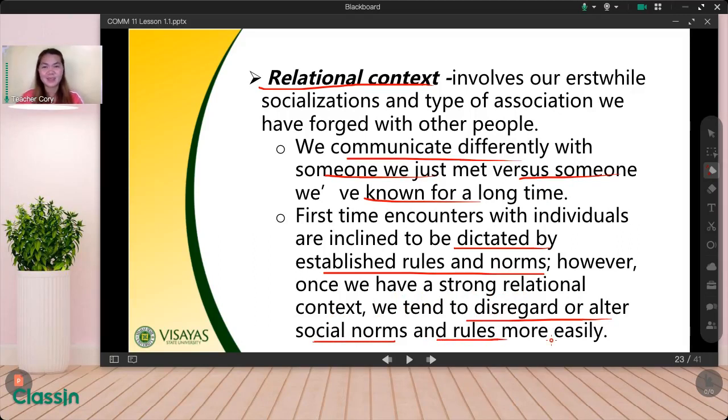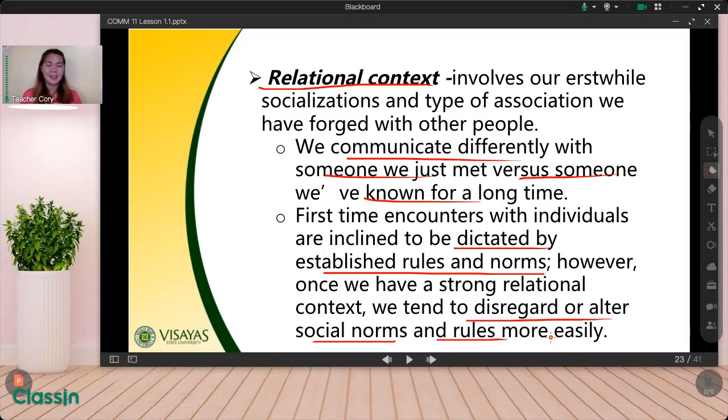So that's also like making exemptions. There are people who are exempted from these norms and rules if we have already established that they have surpassed the barrier, the boundary, because we set boundaries for ourselves.